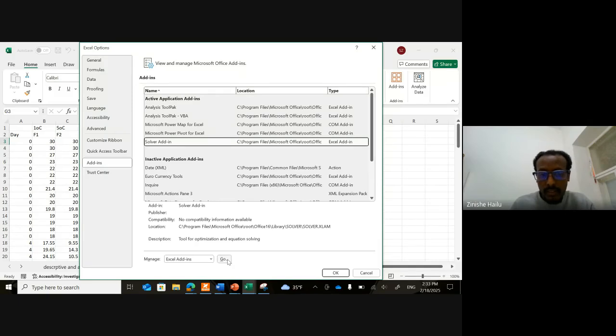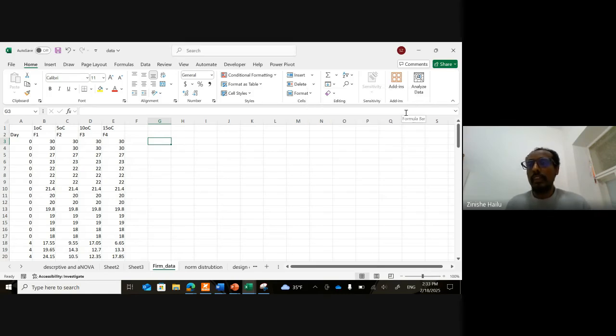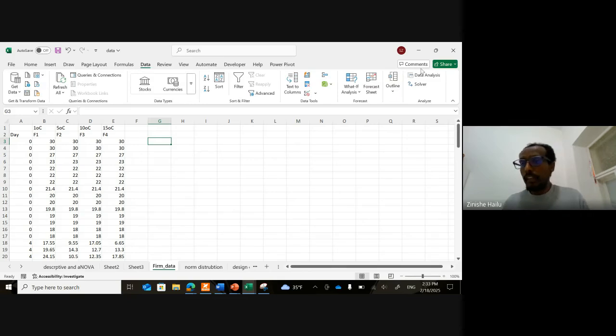After that, go to Go, and make sure whether they are ticked or unticked. If they are not ticked, you have to tick them, the Analysis ToolPak and Solver. After we do this, we can go to the Data tab, and we get Data Analysis and Solver here.